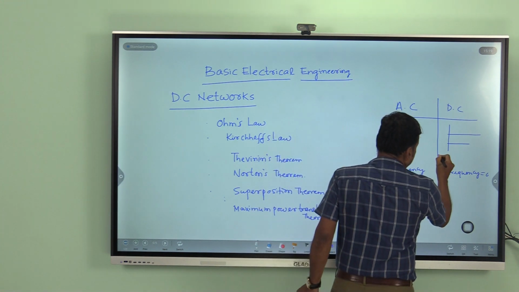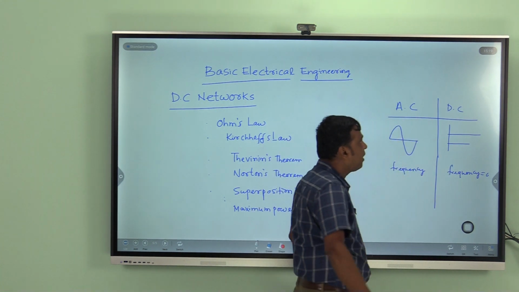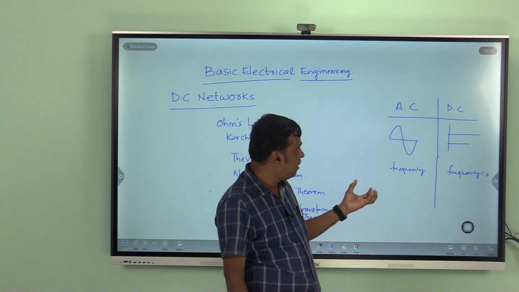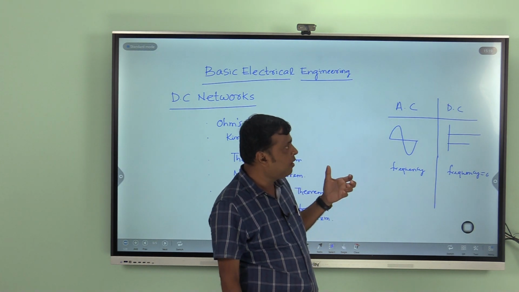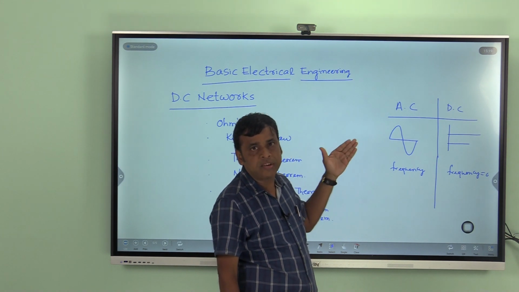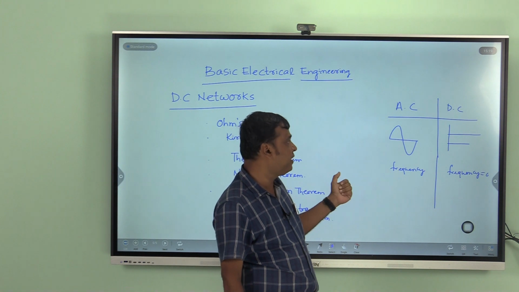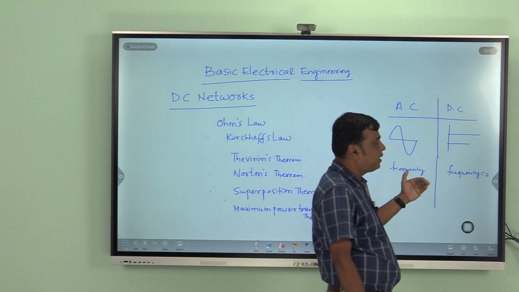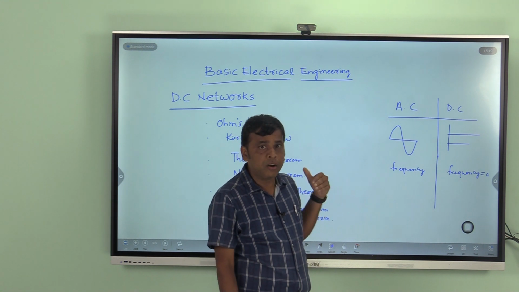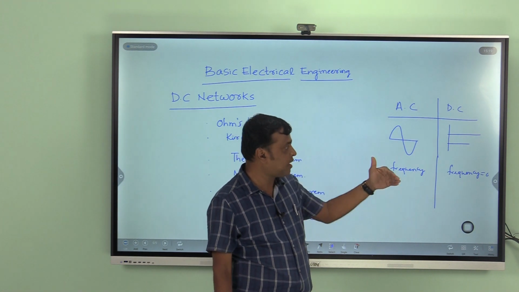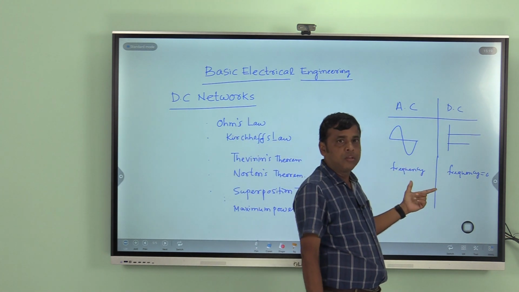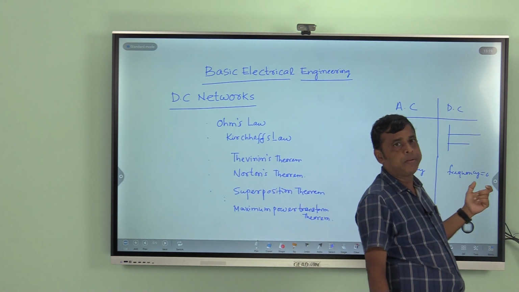What is another difference between AC and DC? In AC the current can be transmitted through a long distance safely, but in DC the current cannot travel long distance safely.